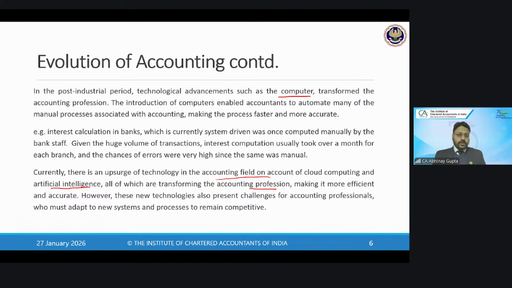So there are two technologies within artificial intelligence, that is Gen AI and agentic AI. Do you know what Gen AI or agentic AI means? No, sir. So Gen AI is the first step in artificial intelligence where basic work can be done.